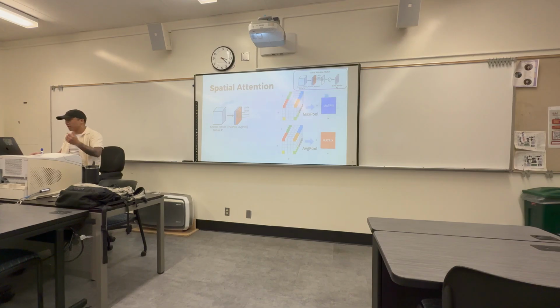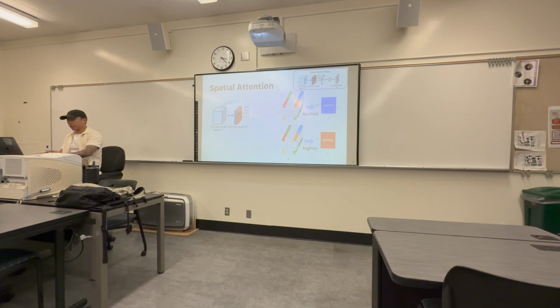That's going to be a single number, and it's going to be the second number here. And we do that all the way across until we get a matrix that's a 1 by h by w. We do the same thing but this time do an average instead of a max, to get another 1 by h by w. And so when we concatenate them, we get a 2 by h by w.